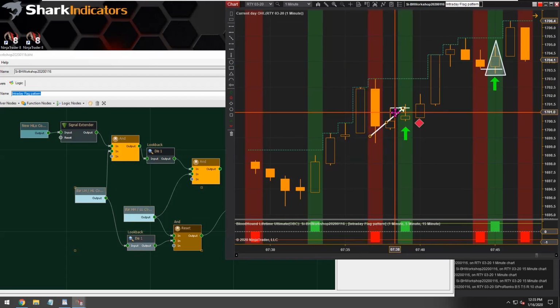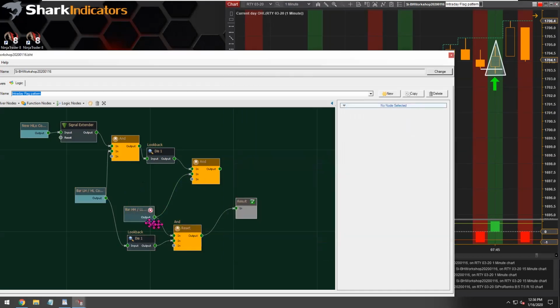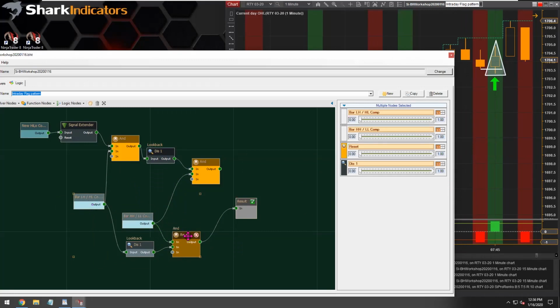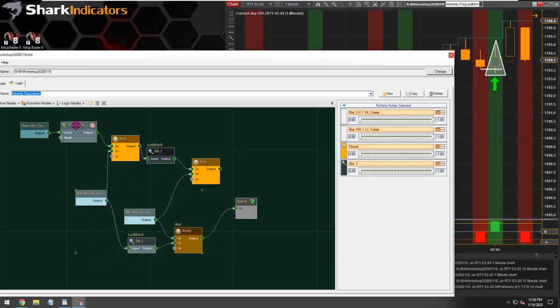Yeah, and thinking about this, while this works, I guess I've kind of overcomplicated it. In seeing the picture how it is right now, yeah, I've kind of overcomplicated it. But in any case, the point is that I have this group of logic, this AND node here, which is not connected to the signal extender in any way.